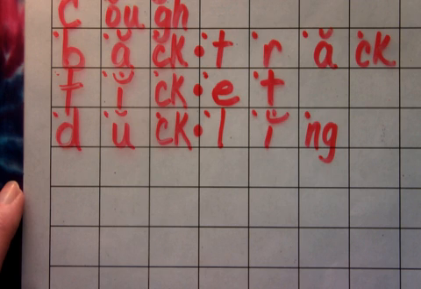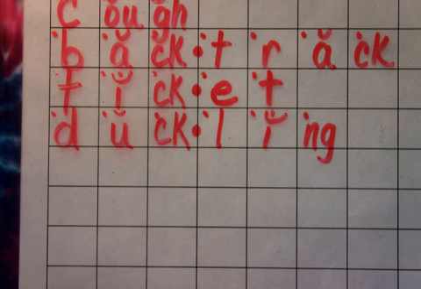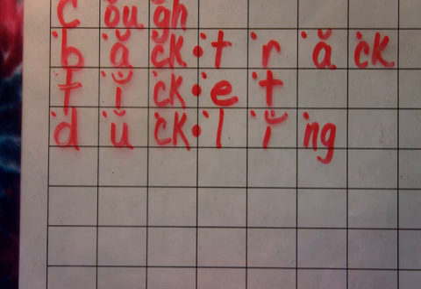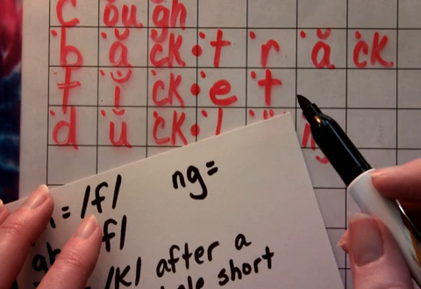Oh, I forgot to put that on our card. The NG is also one. Let me write that right quick because that's important. I didn't realize that. The NG can also, let me write it right here.